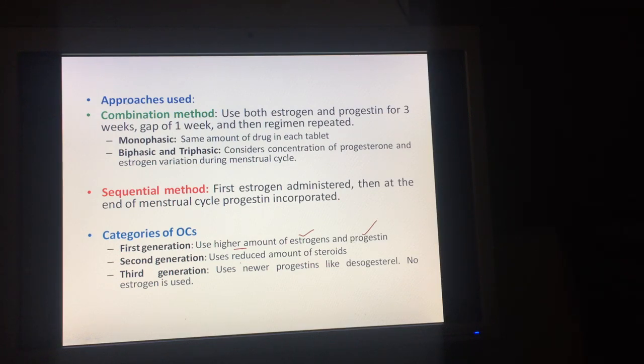The second generation uses a reduced amount of steroids, and the third generation uses newer progestins, and in these cases no estrogen is used, because estrogen use is also implicated in certain types of cancer. So third generation oral contraceptives are considered safer in comparison to the second and first generation oral contraceptives.